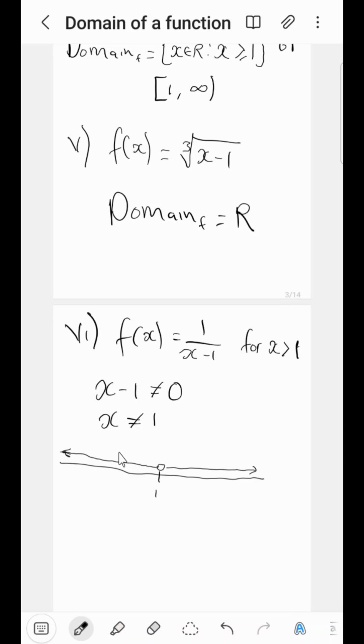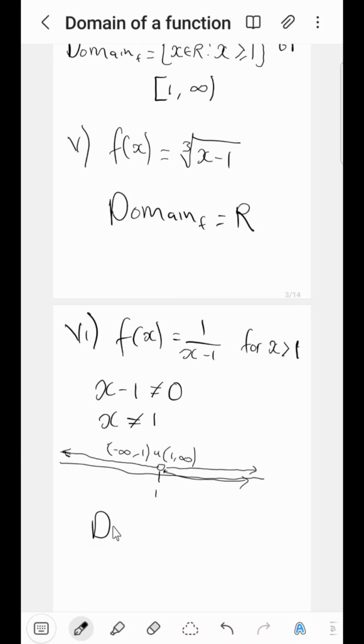If we were to show it in interval notation, we can say negative infinity comma 1 union 1 comma infinity, like that. But note that there is a condition that x should be greater than 1. So this will limit us. We only have from here going to there.